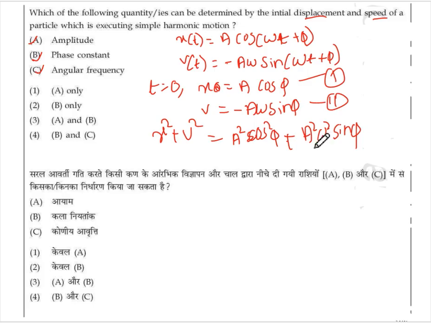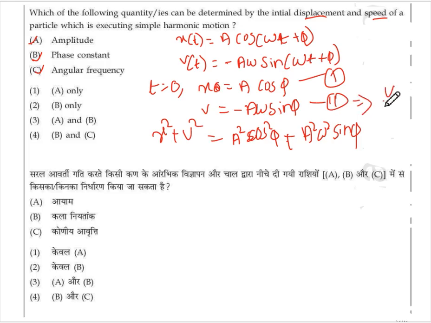If omega is given to us, omega is not given, so it will become more difficult. If omega is given to us, so let's find out here.